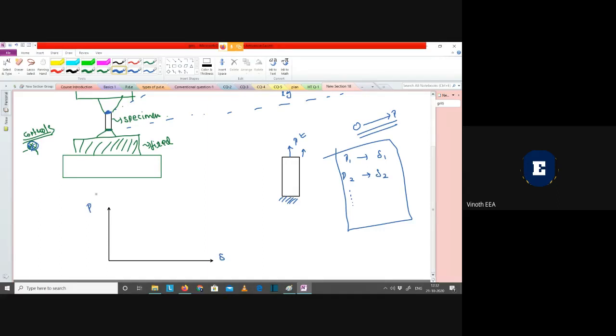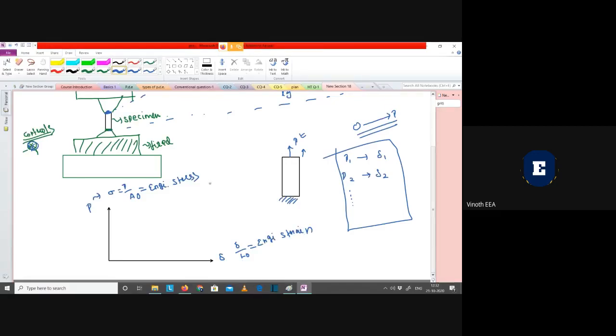Later I can convert this load into stress by dividing it by the original area, and similarly I can convert this deflection into strain by dividing it by the original length. So this load by original area is called engineering stress, and similarly this deflection to that of original length is called engineering strain.